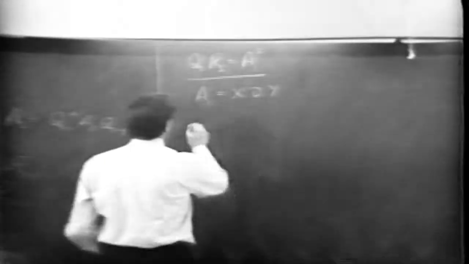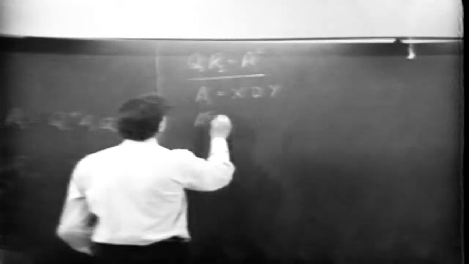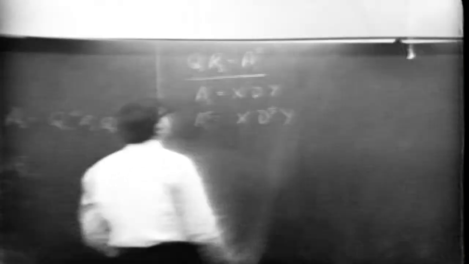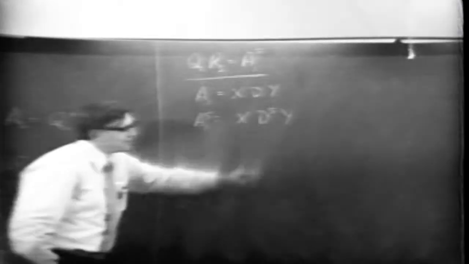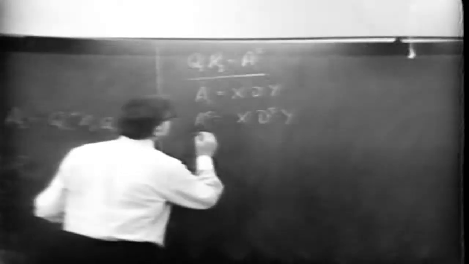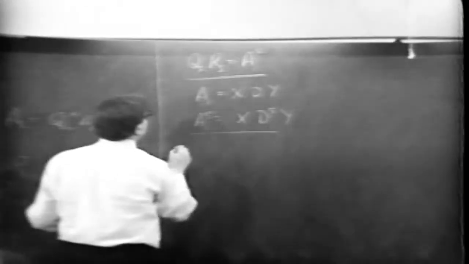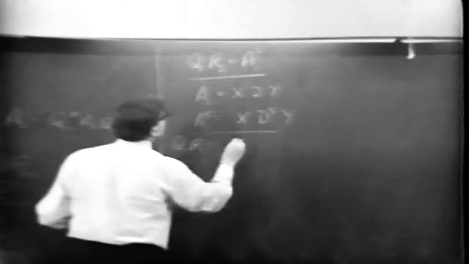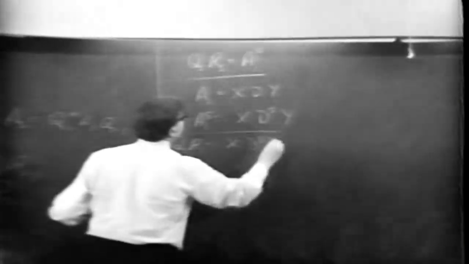And A_1^s will be equal to X D^s Y. Now that follows from the fact that Y really is X^{-1}. And one uses this result to establish the convergence. I know that A_1^s is Q_s times R_s, which is X D^s Y.